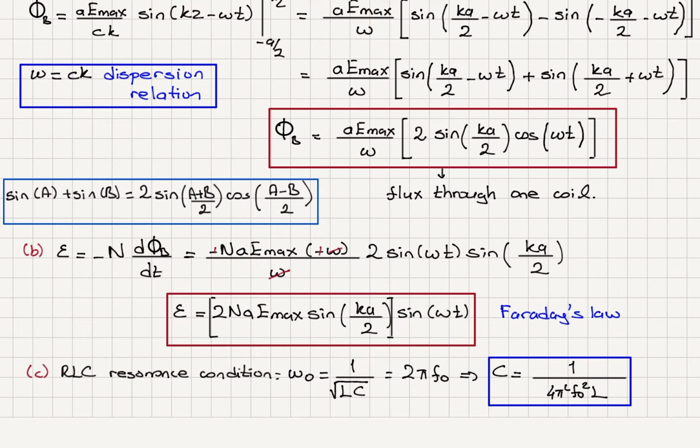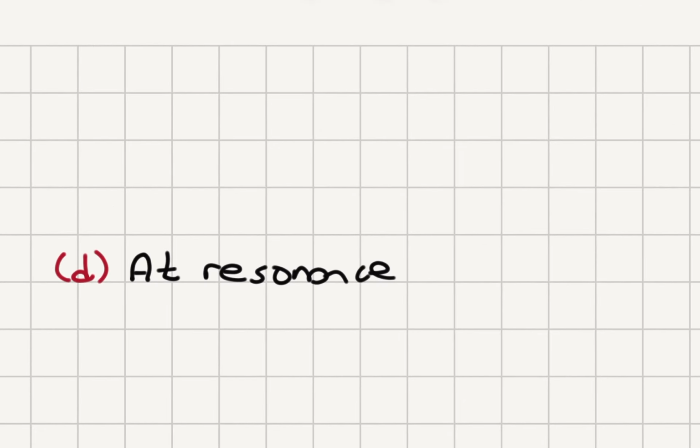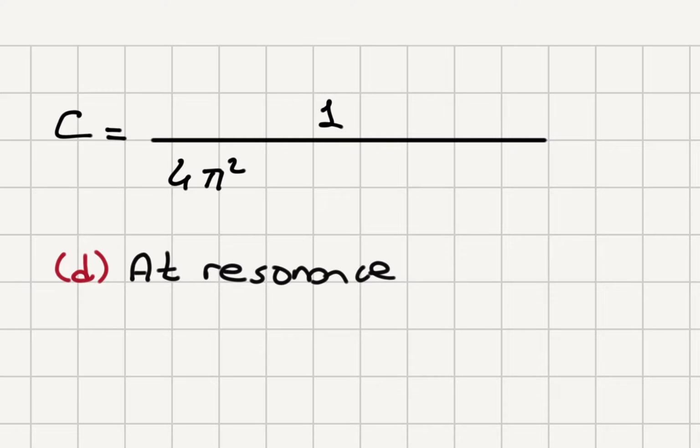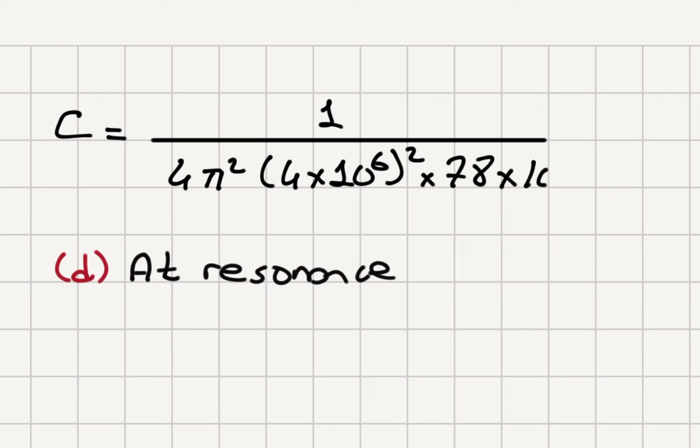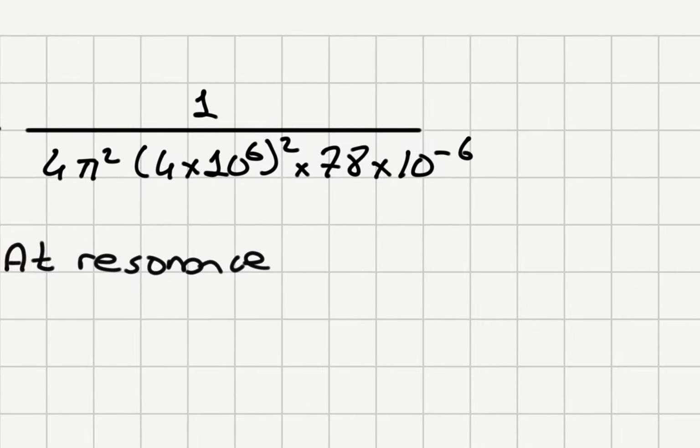Now we can plug in the numbers to obtain the capacitance. The capacitance is equal to 1 over 4 pi squared, 4 times 10 to the 6 hertz, 4 megahertz, squared, times 78 microhenry, 78 times 10 to the minus 6 henries.